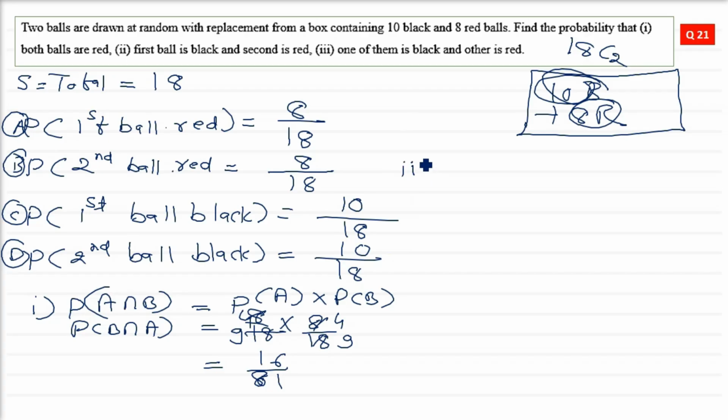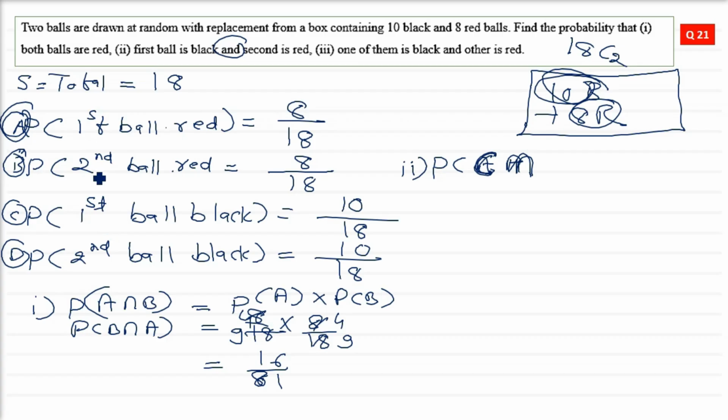Coming to the second one. First ball is black and second is red. Now first ball is black is A here. So probability of A intersection of second is red. Second is red is B. No, first ball is black. I'm so sorry. First ball is black. So C intersection A or A intersection C we need to compute.